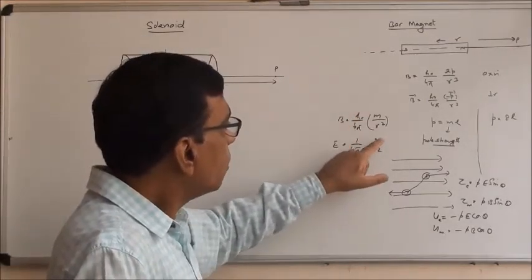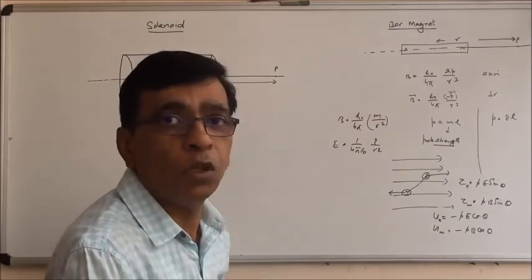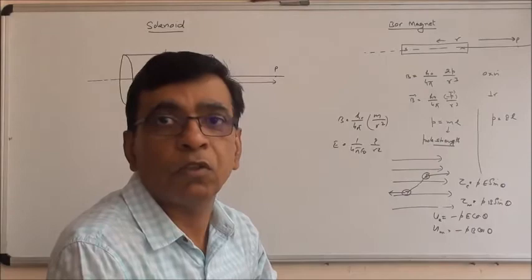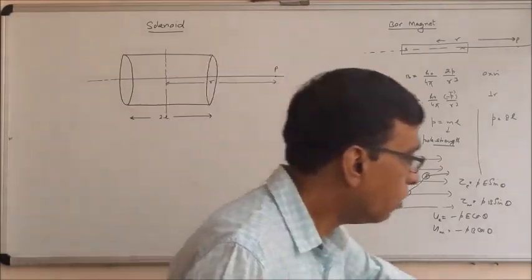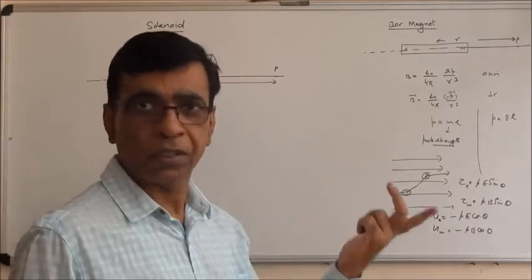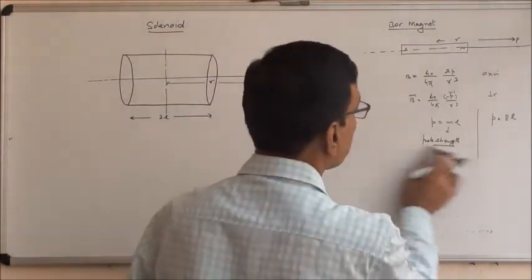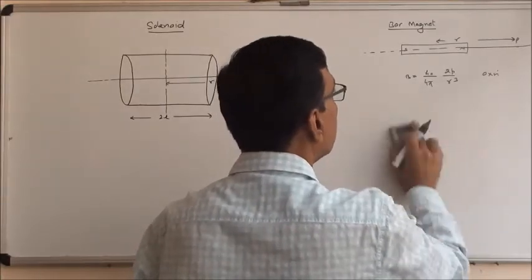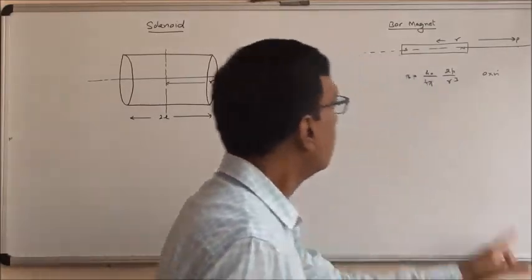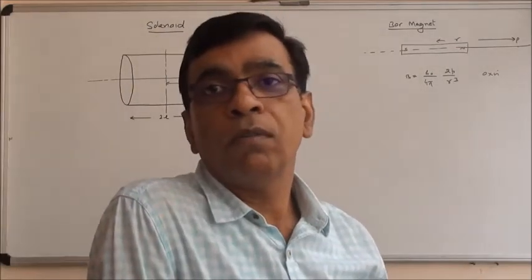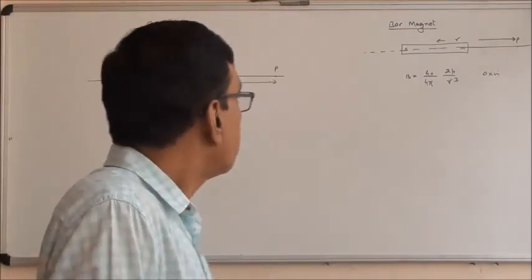So similar, charge has been replaced by the pole strength. For the purpose of comparison and solving numericals, that's okay. But we don't accept this approach, the reason being that magnetic monopoles don't exist. So whatever way we do, this is the magnetic field on the axis of a bar magnet.